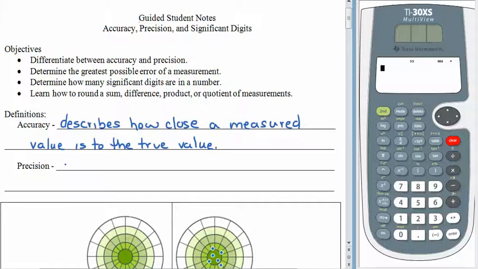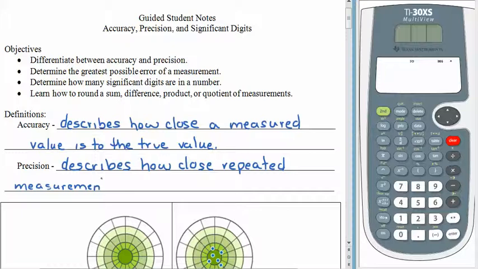So precision describes how close repeated measurements are to each other.